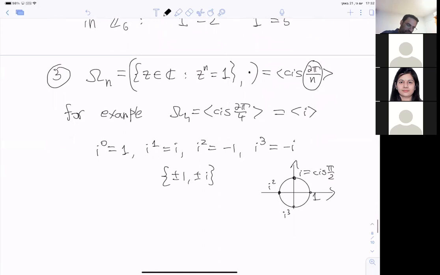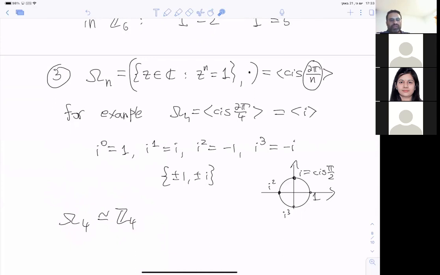And I claim that, for example, omega 4 is isomorphic to what group that we have seen? Z4. Yeah. For us, these are the same, I mean, almost the same. This is just written in a multiplicative way, and this is in an additive way, but it's the same thing.